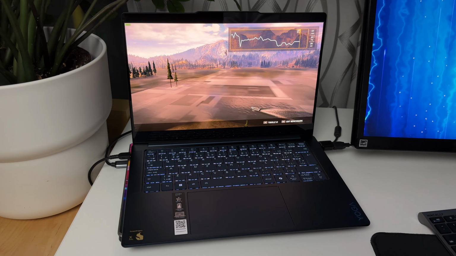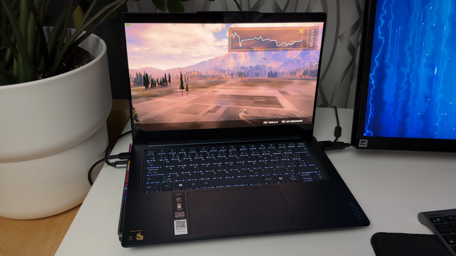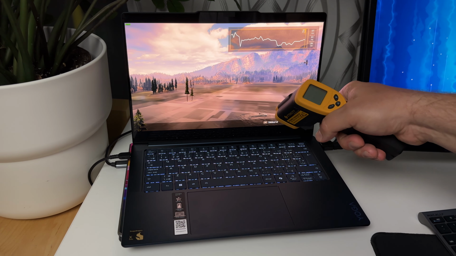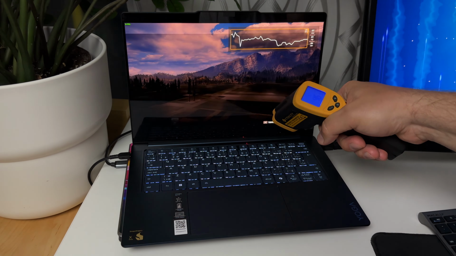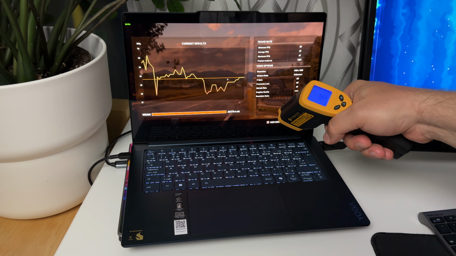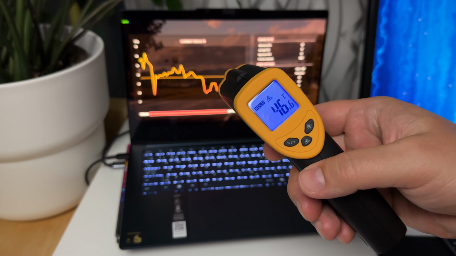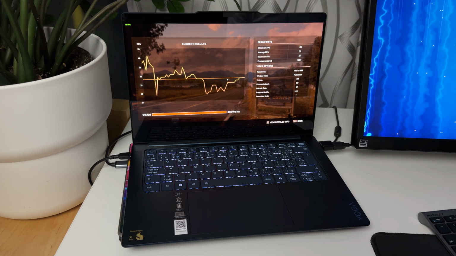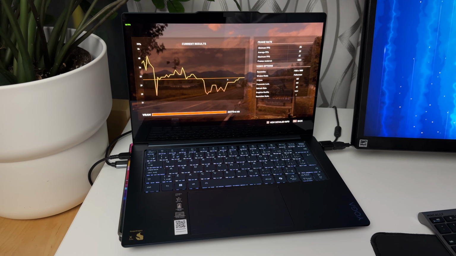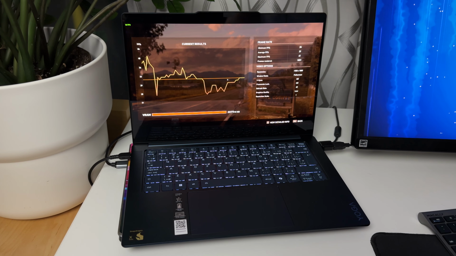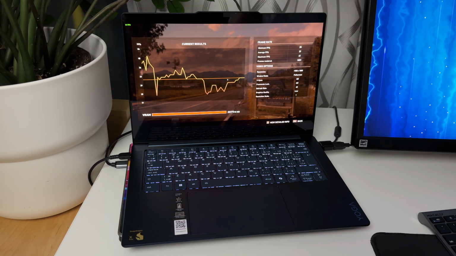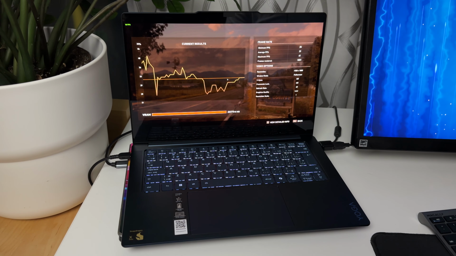Shaders are a mess. It's 46, 47 degrees. And yeah, second run pretty much the same, 24 minimum, 31 average, 41 FPS maximum.